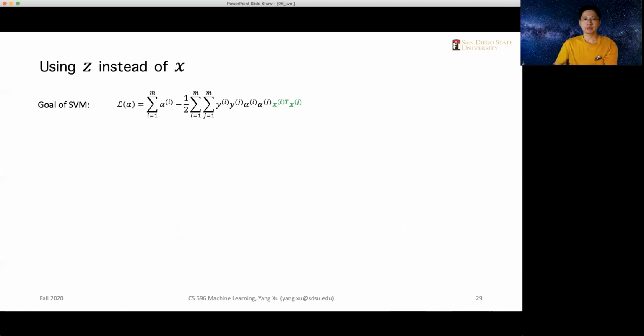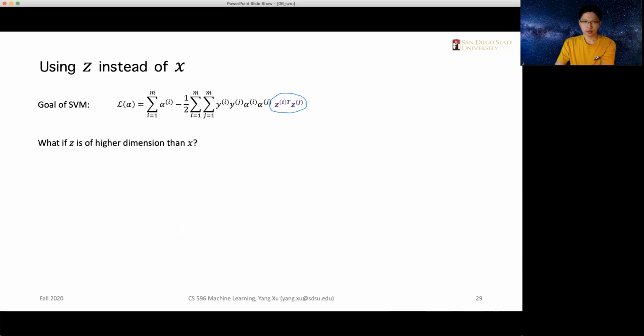We notice that the term that deals with x is here. Now we need to convert the dot product between x's into the dot product between z's, right? Because we are dealing with the data in a new transformed z space.